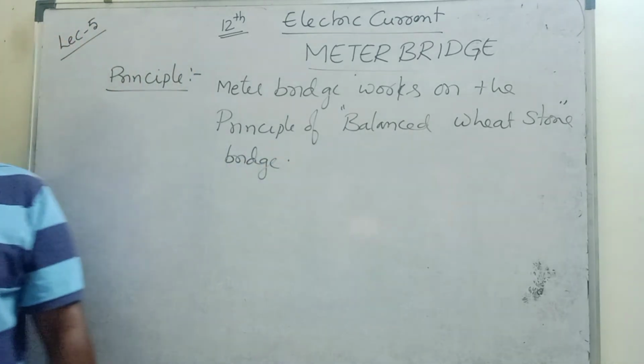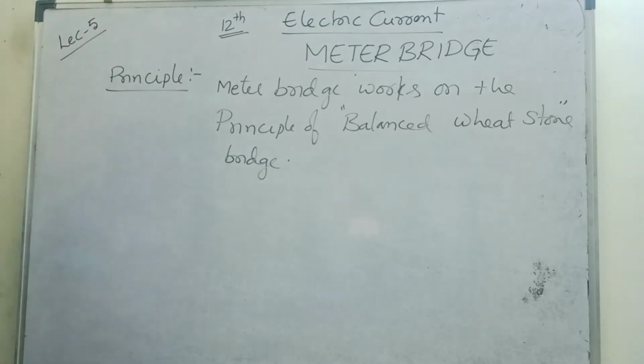Note it down, children, this is also important. First of all the aim, then after that the principle. The principle is the balanced Wheatstone bridge. This is the principle behind the meter bridge.